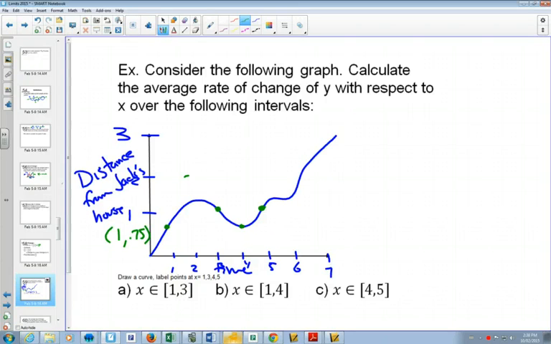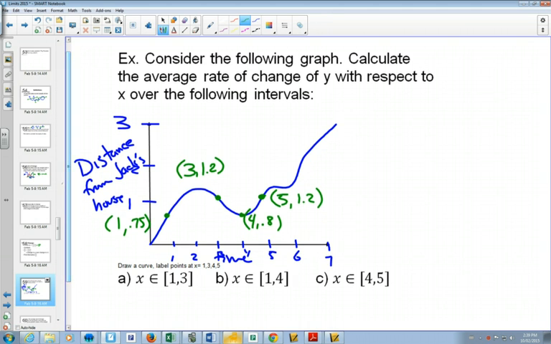We have got 3, we'll call that 1.2. 4, 0.8. And 5, we'll say that's also at 1.2. Just to make this a little bit more interesting, I'm going to change this last interval from 4 to 5 from 3 to 5.